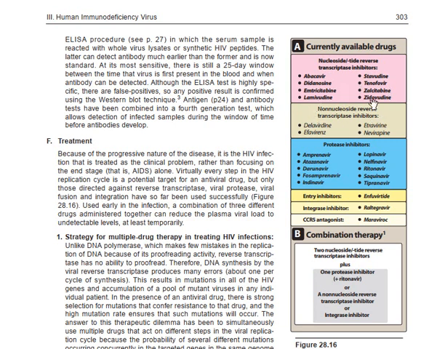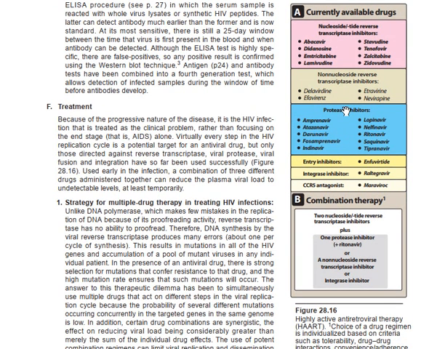Now, the non-nucleoside reverse transcriptase inhibitors: efavirenz, nevirapine, etravirine, and delavirdine. The protease inhibitors finish with navir: ritonavir, indinavir, tipranavir. All these navirs are the ones involved with protease inhibition.